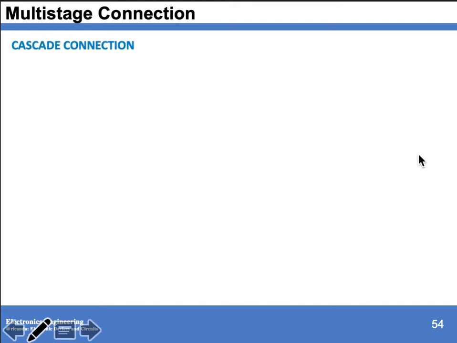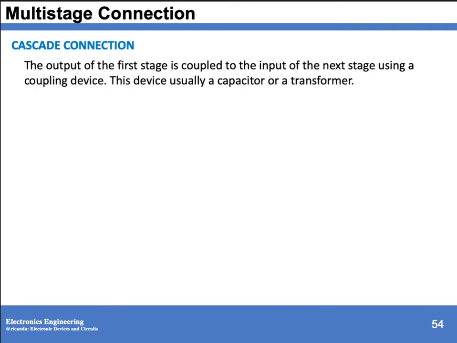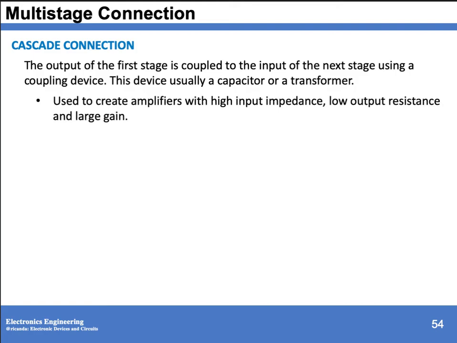So what is a cascade connection? In a cascade connection, the output of the first stage is coupled to the input of the next stage using a coupling device. This device is usually a capacitor or a transformer. The purpose is to create amplifiers with high input impedance, low output resistance, and large gain.